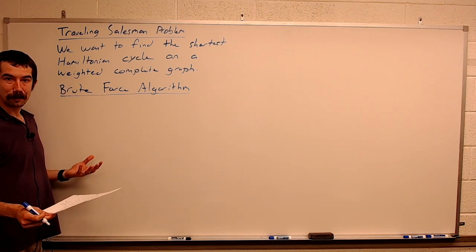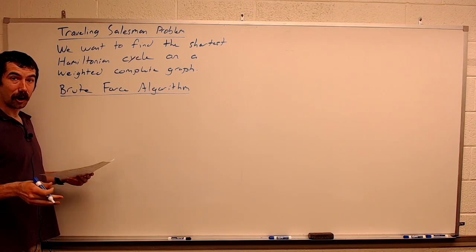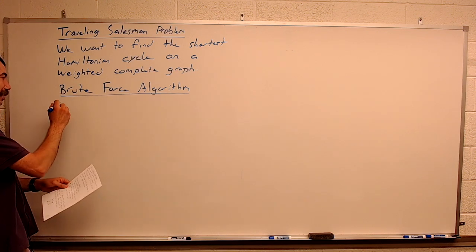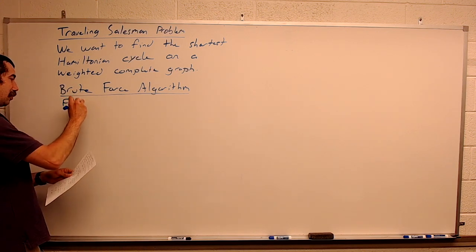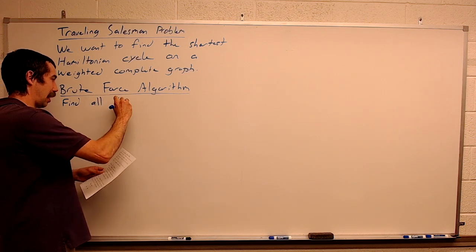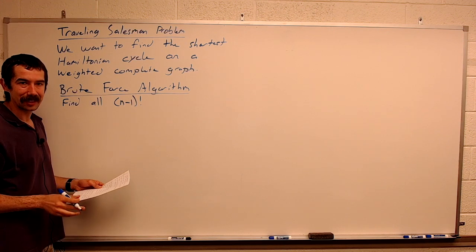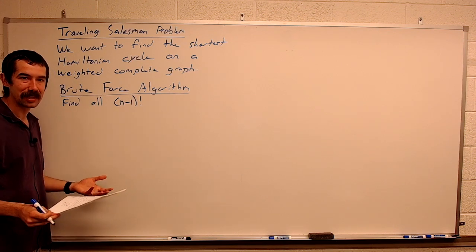Okay, and so what is the brute force algorithm? We're going to brute force all possible Hamiltonian cycles. So what is it? Find all n minus 1 factorial Hamiltonian cycles starting at a specific vertex.